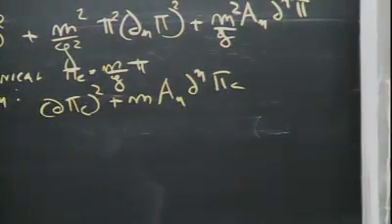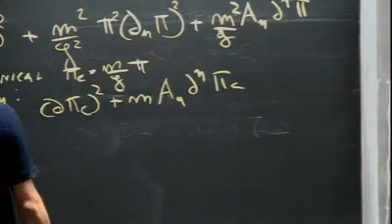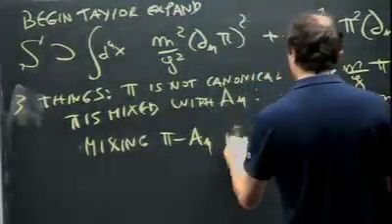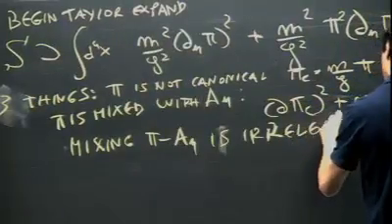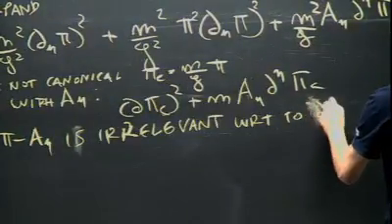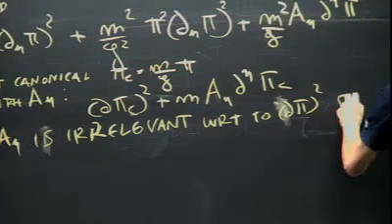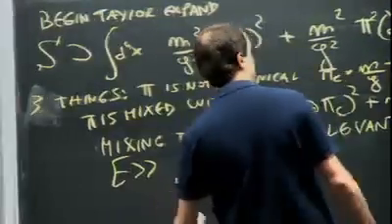You see, there was m^2 here, and then g is killed by the covariant derivative. So we get m^2 over g, and then upon canonical normalization, I get this. So this mixing between pi and A_mu is irrelevant with respect to the kinetic terms for energies much bigger than m.